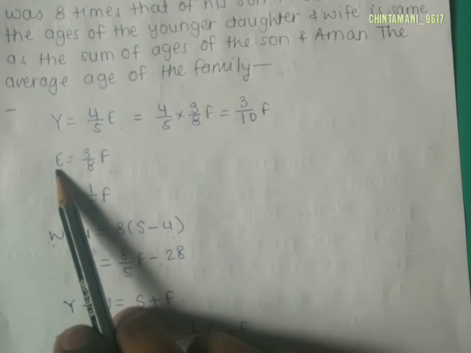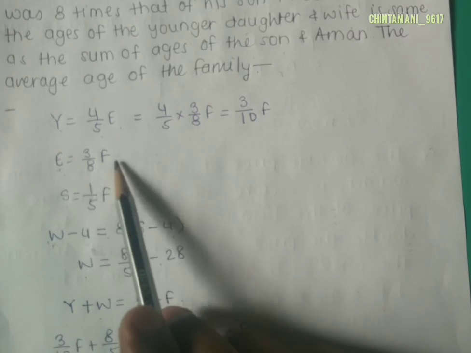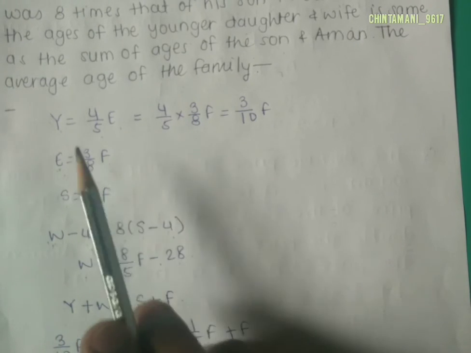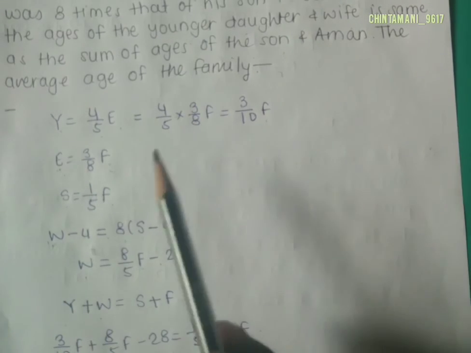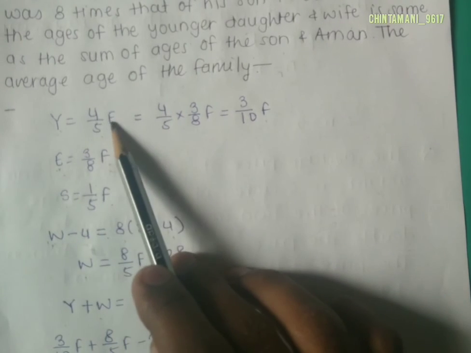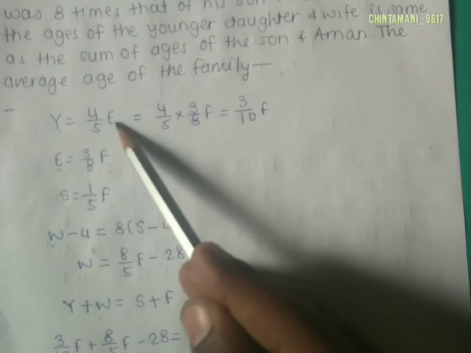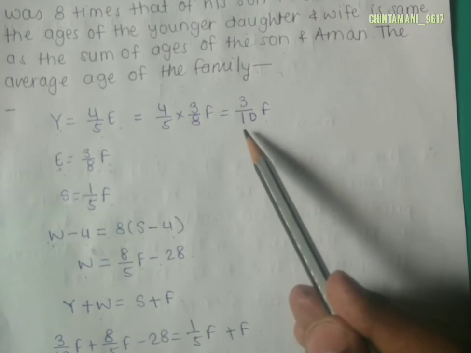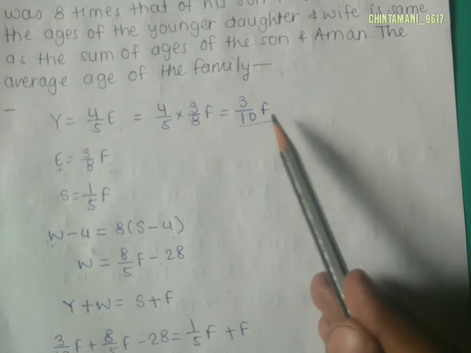We have already expressed the elder daughter in terms of father, so we have to convert the younger daughter in terms of father as well. How can we do that? Just 4/5 of the elder daughter into 3/8, because it is given here. So by substituting the value of e here, we get 3/10 of f.